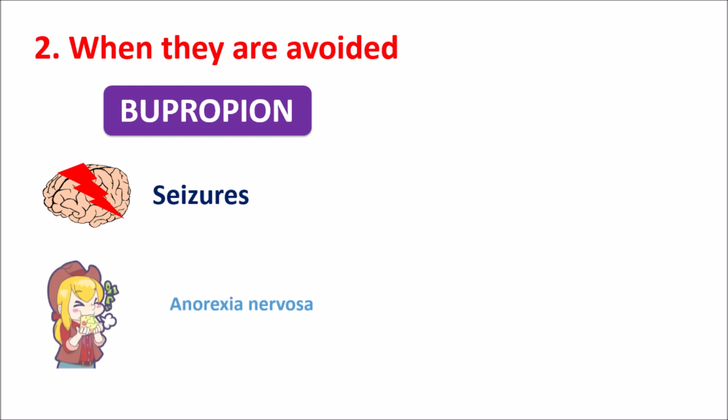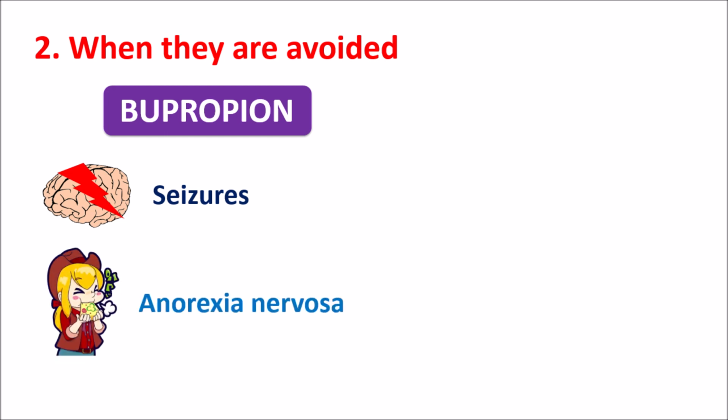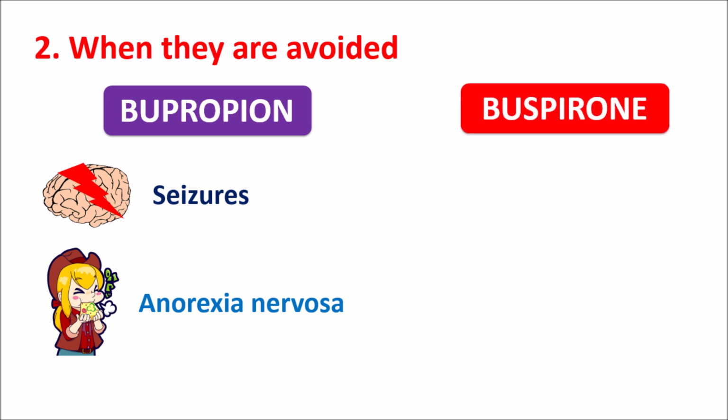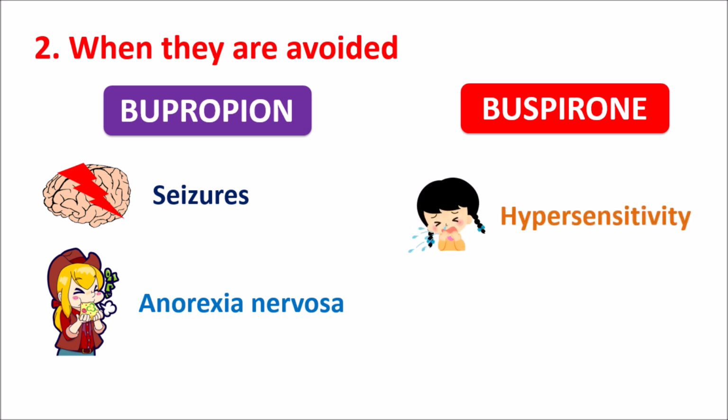Another contraindication is anorexia nervosa. This is a condition where people have excessive eating habits, which can increase the risk of seizure induction. So in these conditions, Bupropion is contraindicated. On the other hand, Buspirone does not have any significant contraindications, but it should be avoided in those people who have hypersensitivity and allergy to Buspirone.